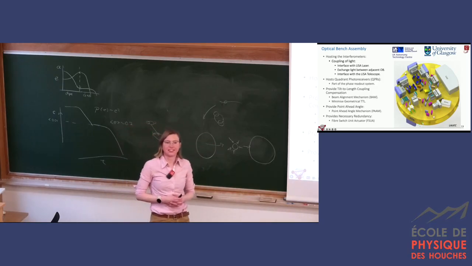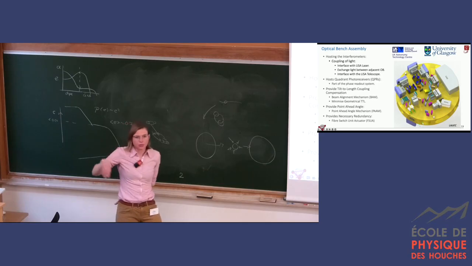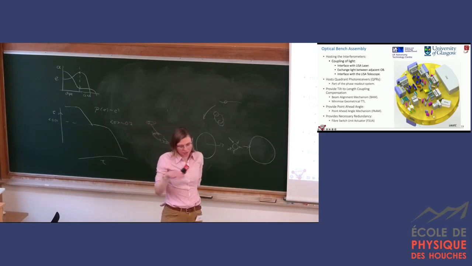I remember from talks about LISA Pathfinder that it was operated at different temperatures. What kind of temperature is planned to operate satellites at? So satellites, once they reach the stable orbits, are pretty thermally stable.